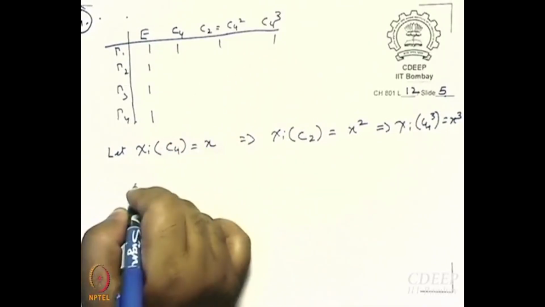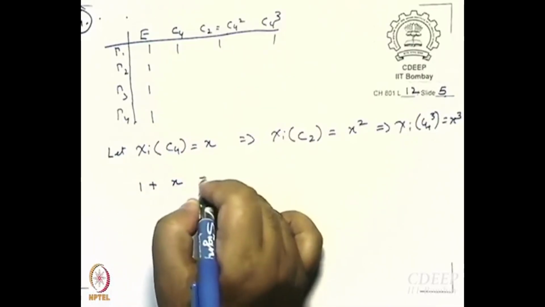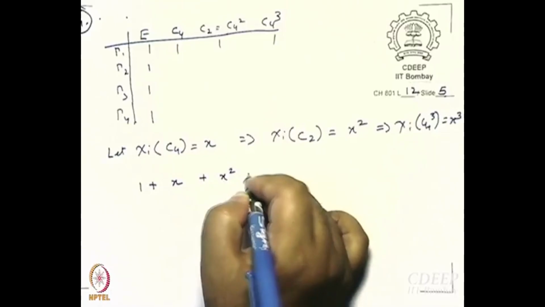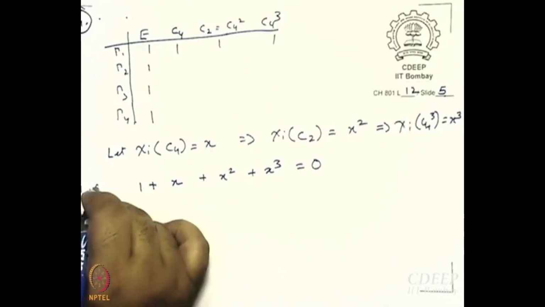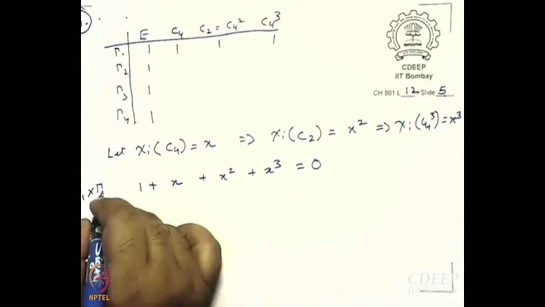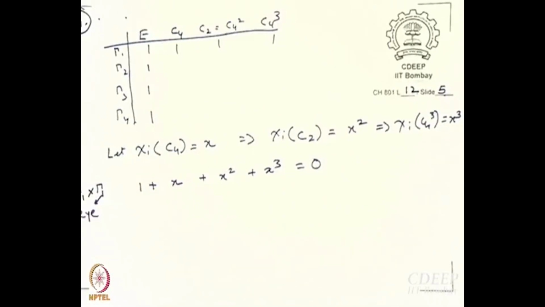Let us do that: 1 plus x plus x square plus x cube is equal to 0. How do I get it? I get it by gamma 1 multiplied by gamma i. Only pronunciation, nothing else. Gamma i.